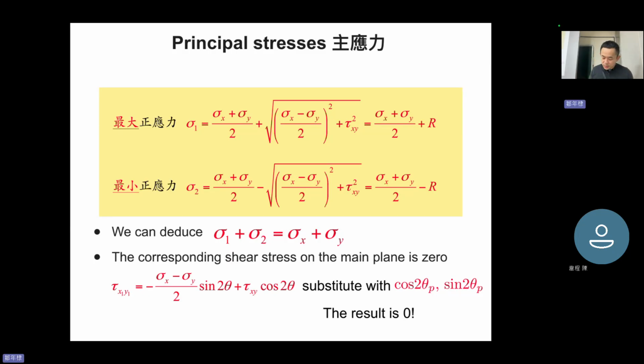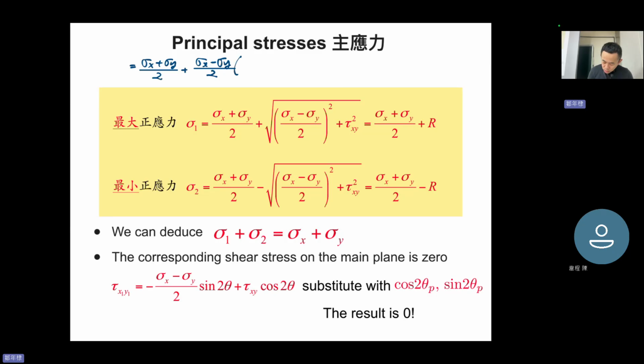So you can see that sigma x, well, let me write this down. So you have sigma x plus sigma y, and plus sigma x minus sigma y divided by 2.